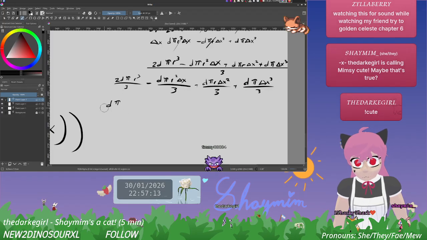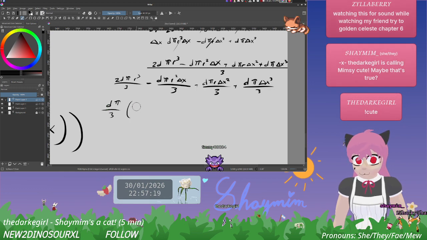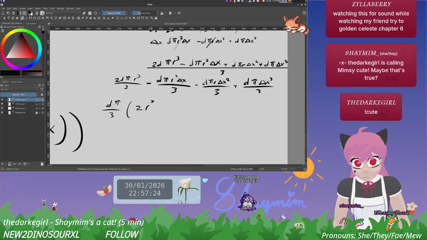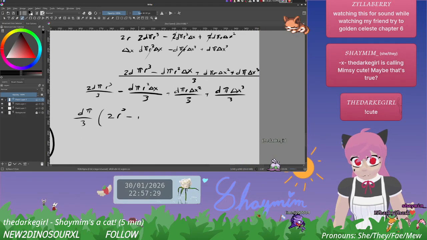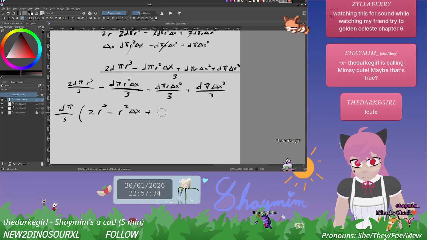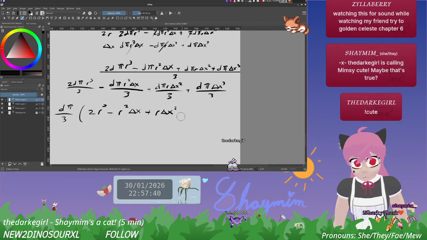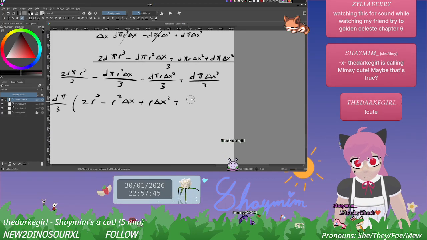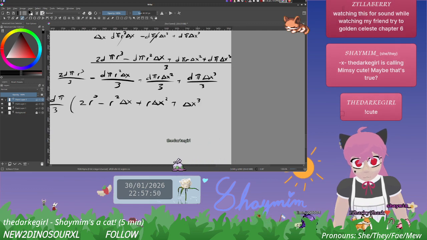We can do d pi over 3 times 2r cubed minus r squared delta x plus r delta x squared plus delta x cubed.